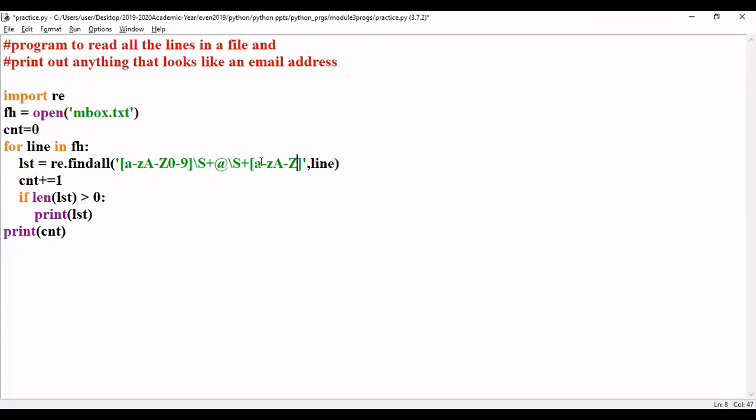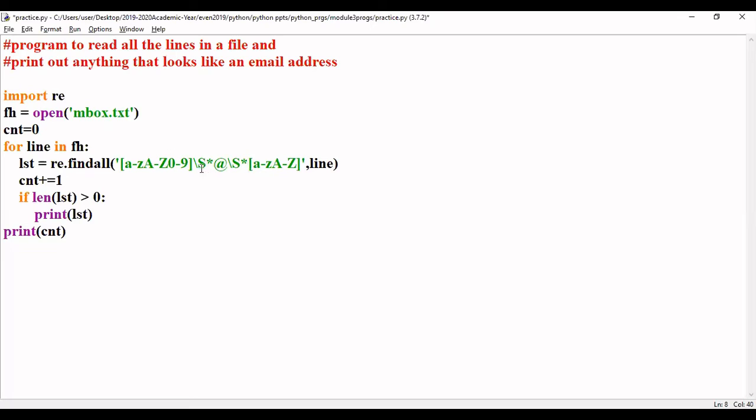Now instead of plus, we will be replacing it with star. Just make a note here. We have replaced plus with star, which indicates 0 or more non-blank characters.